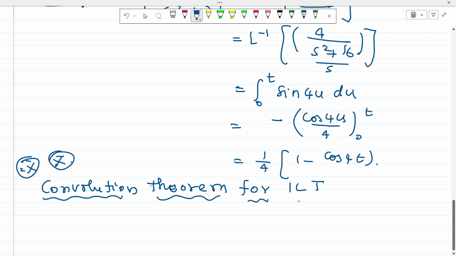Just now I have written it. What is the convolution theorem for Laplace transform?